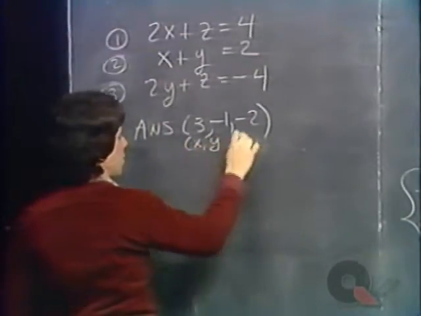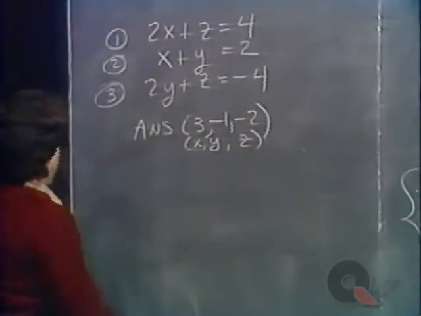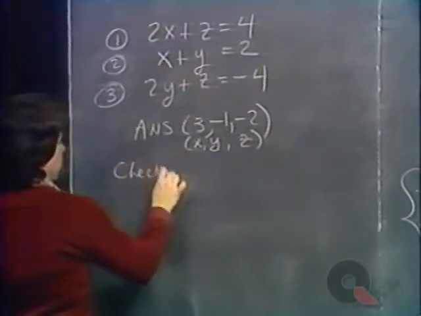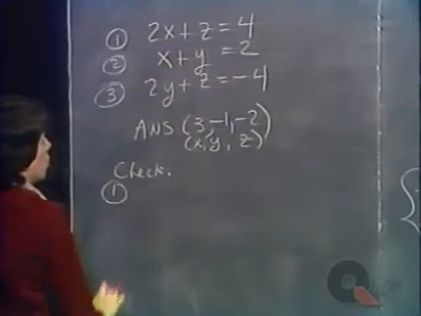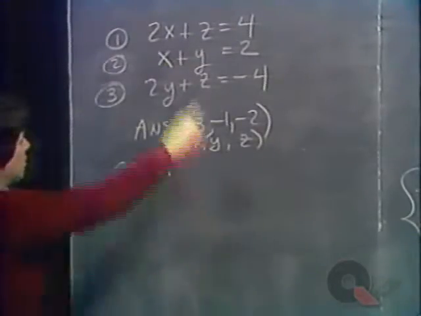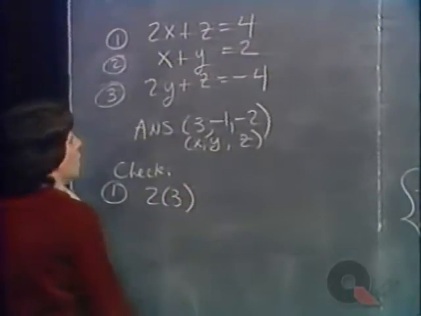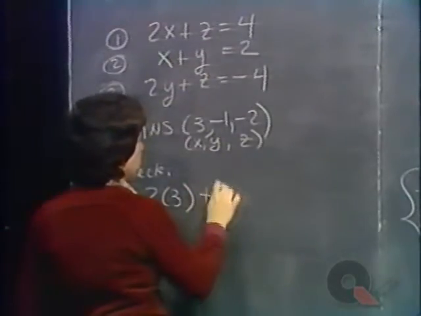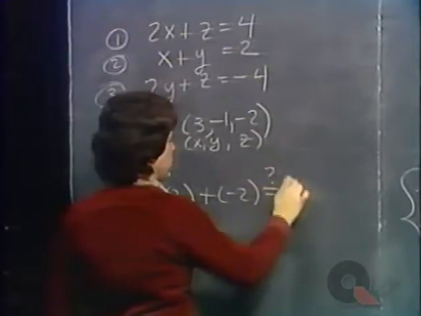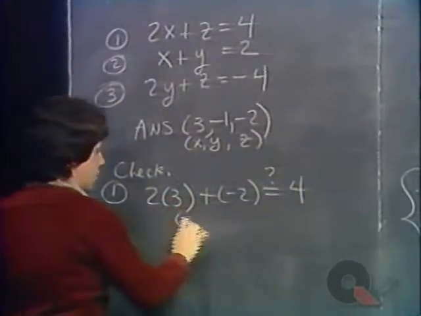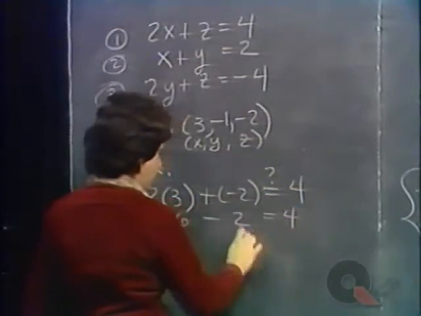Remember, it's always in that order. Okay, and we check. In equation 1, 2x plus z equals 4. 2 times 3, 2x, plus z, plus minus 2, should be equal to 4. 6 minus 2, of course, does equal 4.